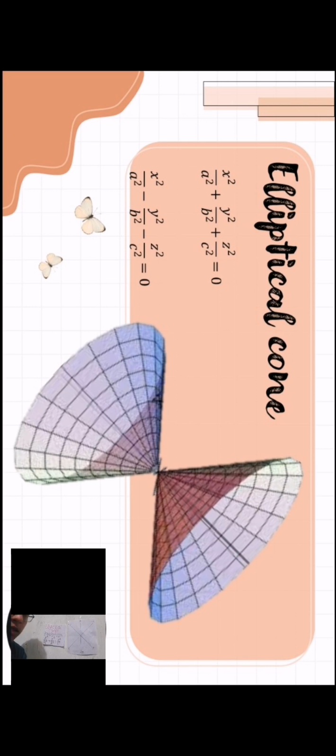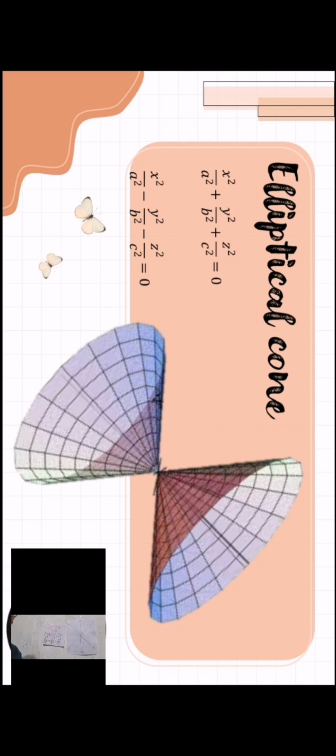Hello, our next topic is the elliptical cone. Within this equation there are two components with the same sign and one with the opposite sign, and after performing the relevant operations, it results in 0.